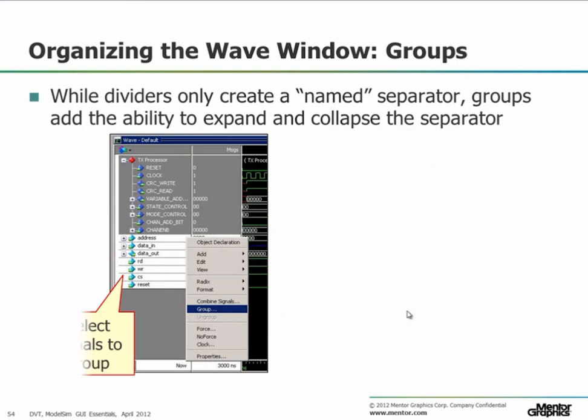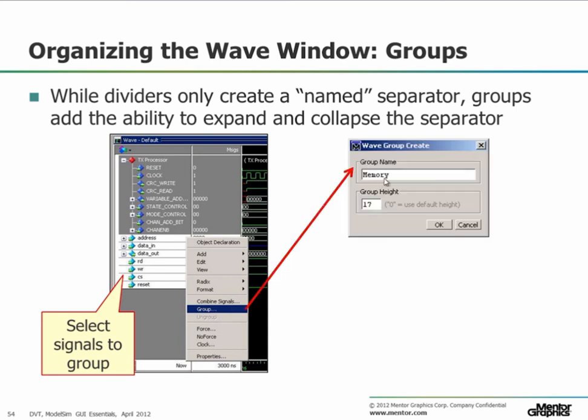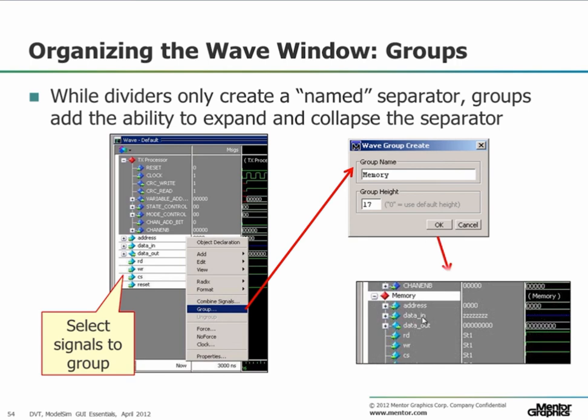Now we have things called signal groups, and I think this is a much better way to do it, because now I can select a whole bunch of signals, right-click, group, and create a group called memory. That creates this collapsible group called memory. I can click on that minus sign, and that will roll all those up.